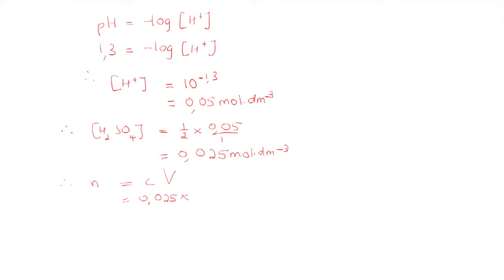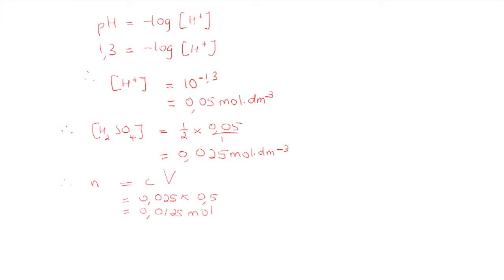So you divide by 1000, and you get 0.5. When you multiply, you get 0.0125 mol. This is the number of moles of sulfuric acid, the one that was in excess, the one left after reacting with sodium hydroxide.